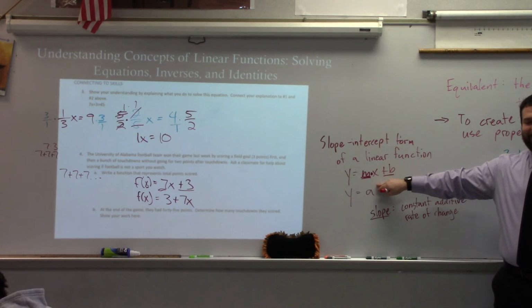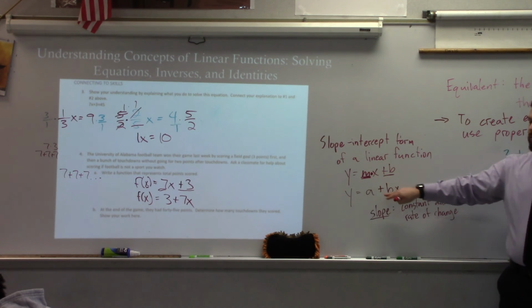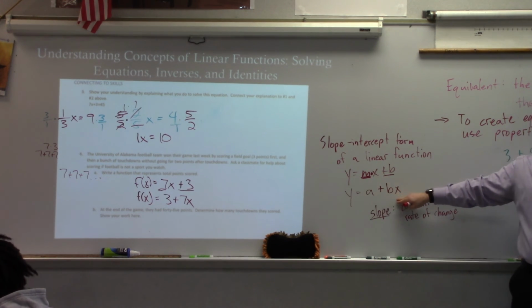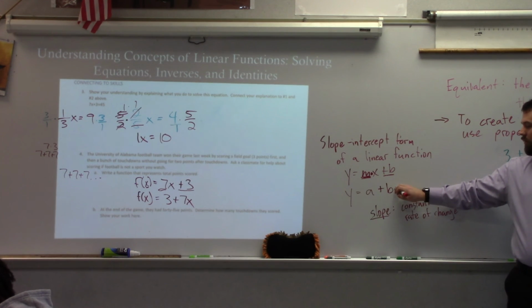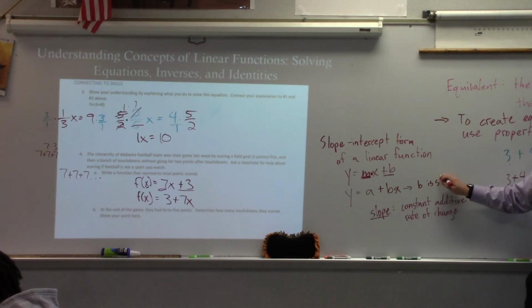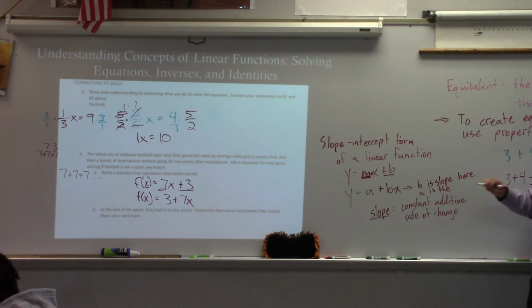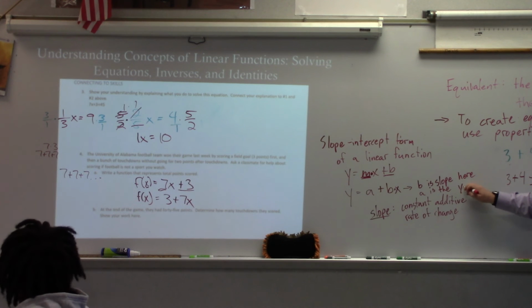It's being multiplied. Right here in this equation, the b and the x are being multiplied. So that's my slope, because it's being multiplied. B is slope here, and a is the what? Y-intercept. There you go.